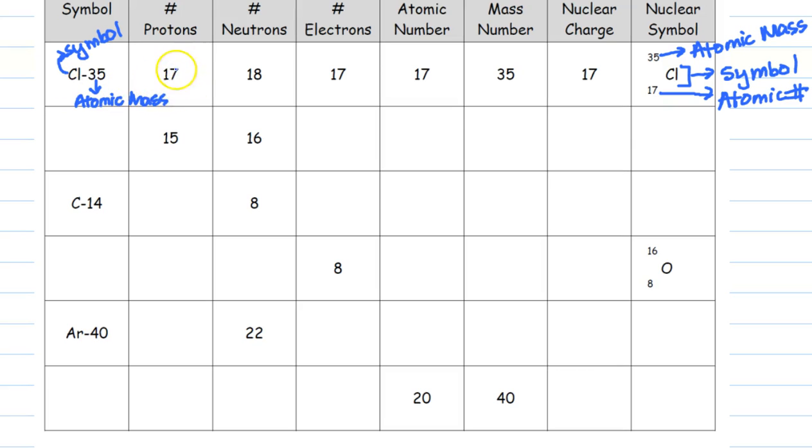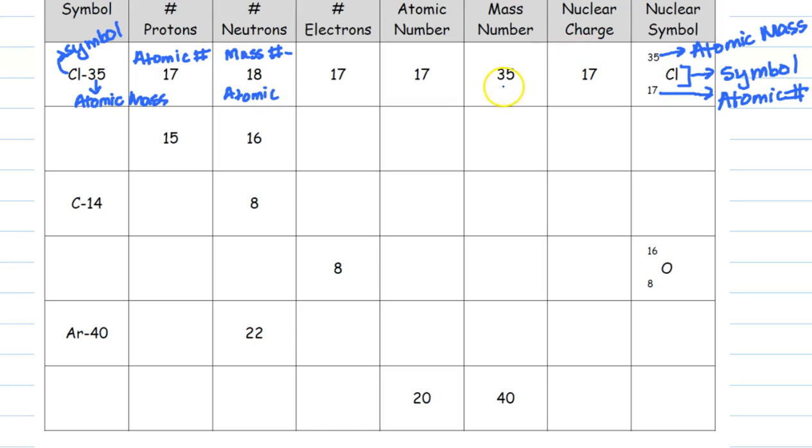If we look at the periodic table, the whole number on the periodic table is 17. And so we would take the atomic number, and that gives us the number of protons. Now, the number of neutrons is the mass number, or the atomic mass, minus the atomic number.